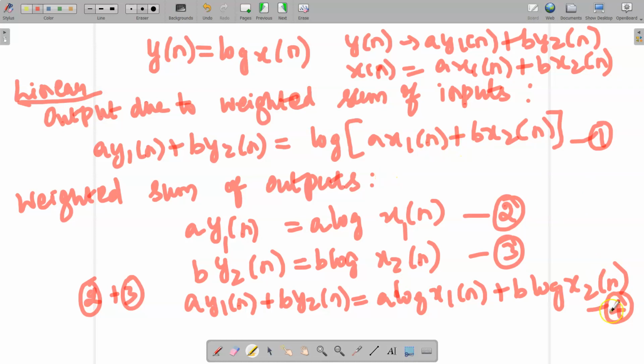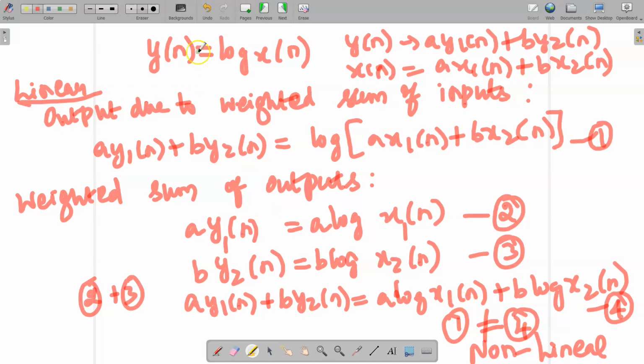Definitely the first equation is not equal to the fourth equation. I have a similar term on the left hand side, but different terms on the right hand side. So equation 1 is not equal to equation 4. Therefore, the given system is said to be a non-linear system.